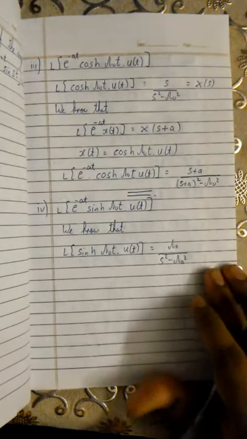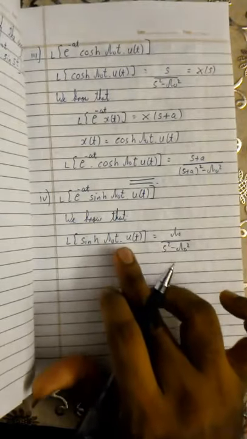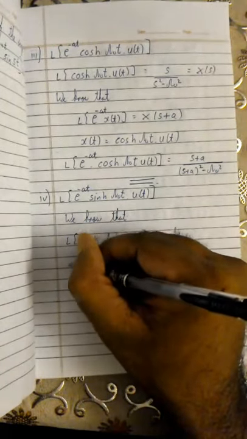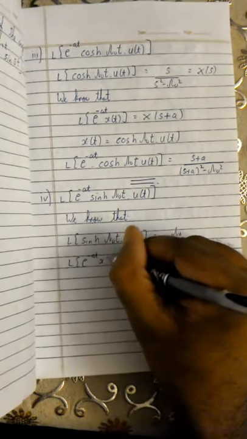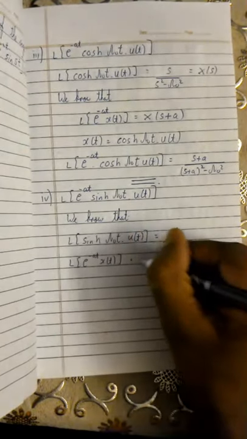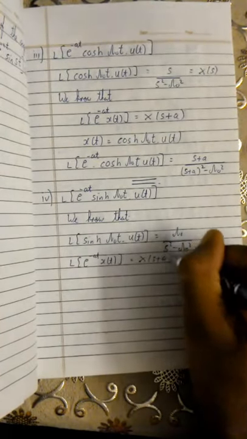Okay, so now by applying the frequency shifting theorem to this equation, we know that the Laplace transform of e raised to minus at x of t is equal to X of s plus a, right?